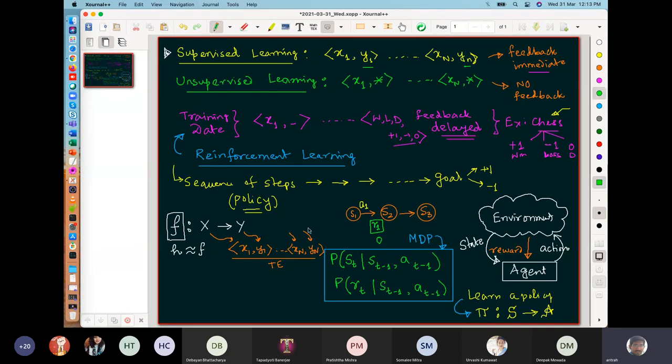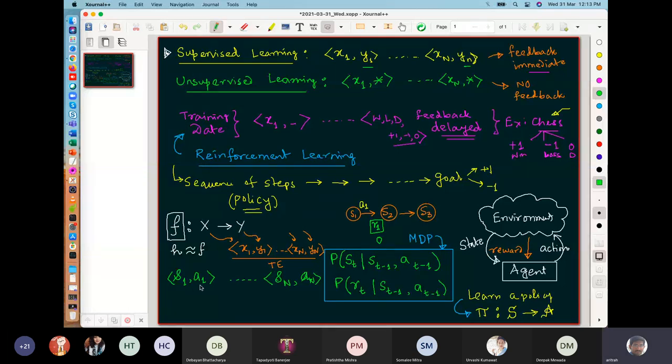In reinforcement learning, it would be similar if we were given a state with an action as training. If we were given such a sequence as training, and I say learn a policy with respect to this training data, the problem would be the same as a supervised learning problem.